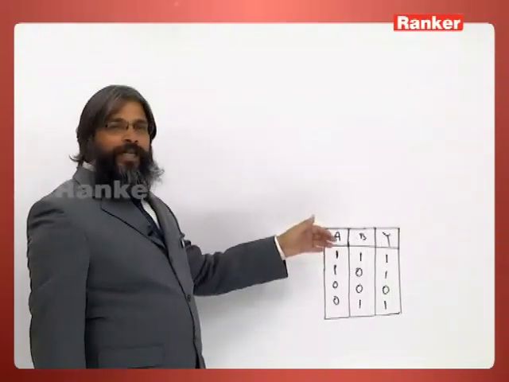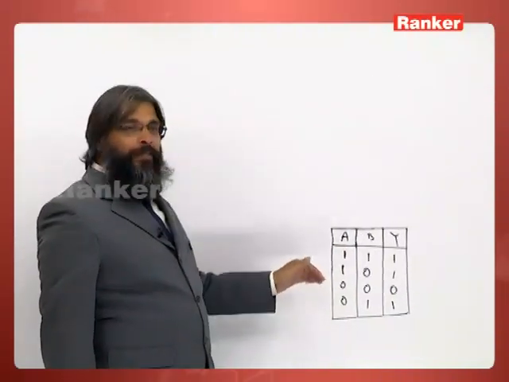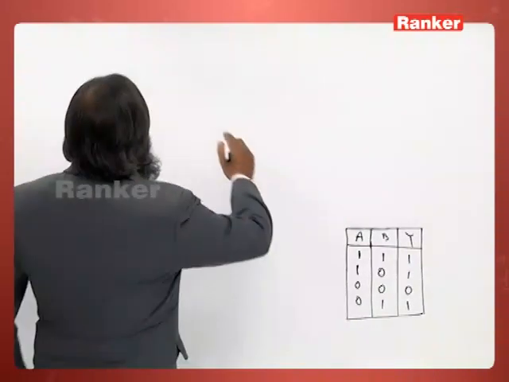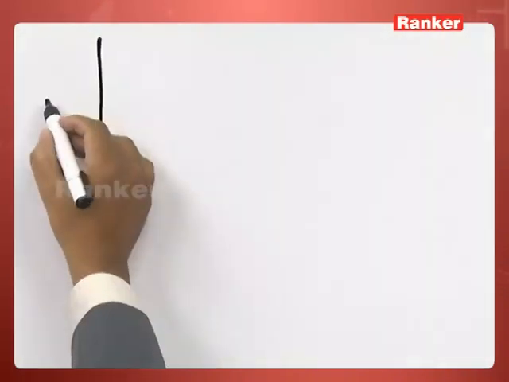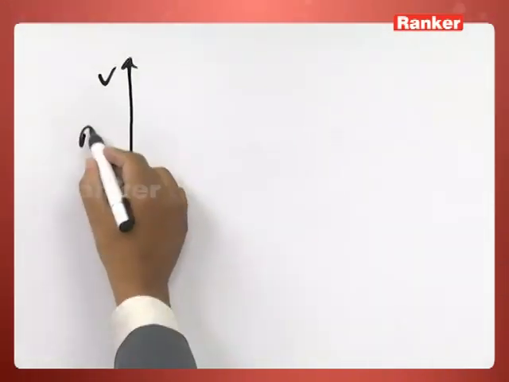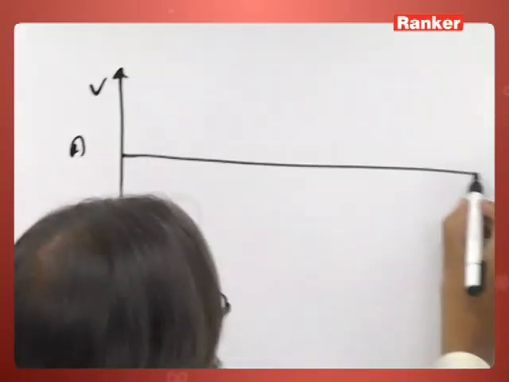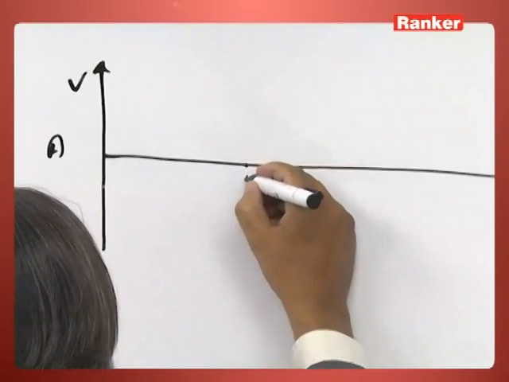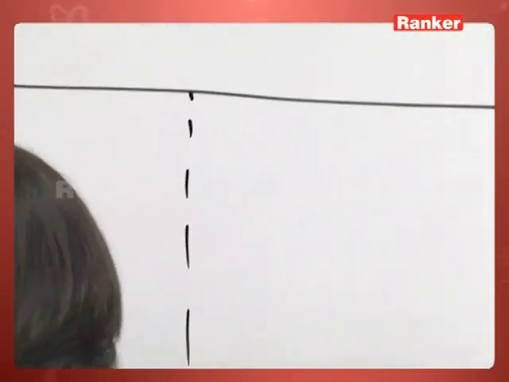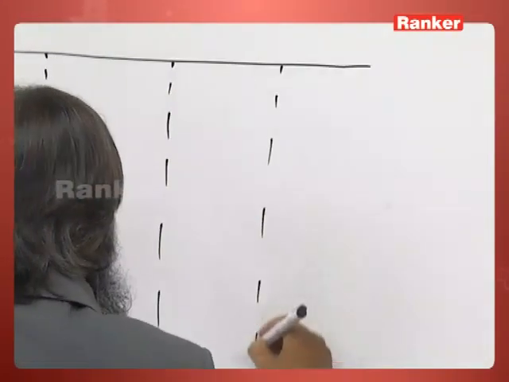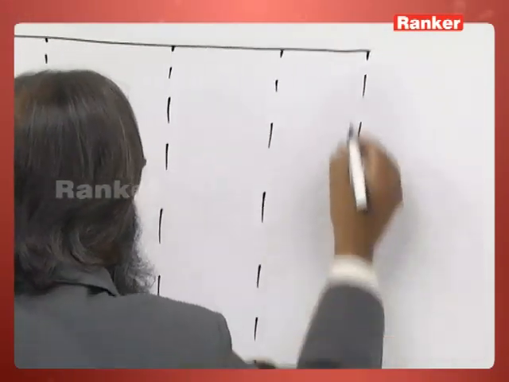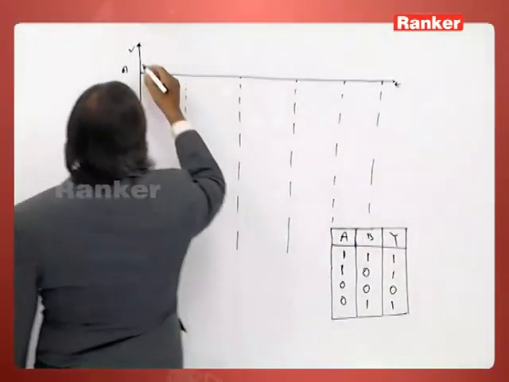Now how do we do the logical operation, not in binary but in voltage form? Suppose this is the input of A, in current form or voltage form. Let us see, here time is there and this is the voltage.